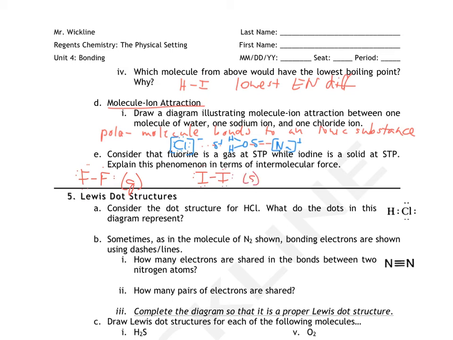And in terms of intermolecular forces, this can be explained. Basically, iodine is a large nonpolar molecule, and therefore it has dispersion forces that keep it attracted to each other and allow it to remain solid. Additionally, it's heavier than fluorine molecules, which encourages a solid form.